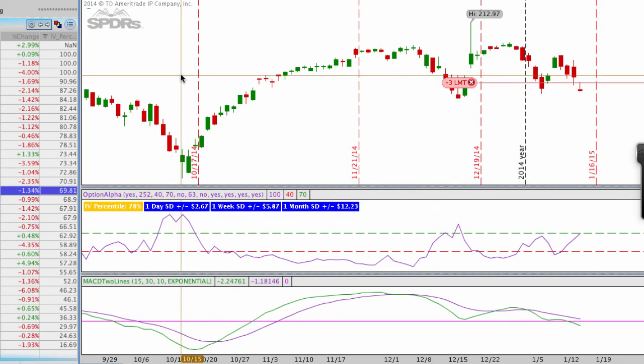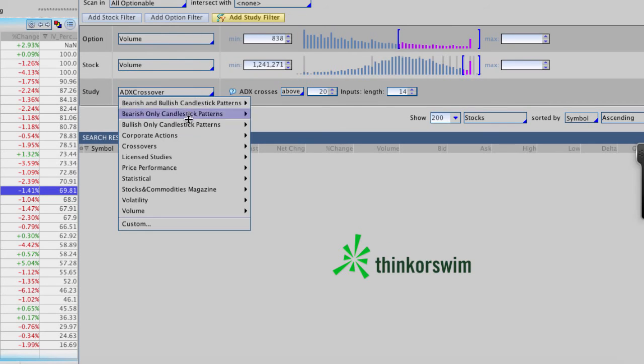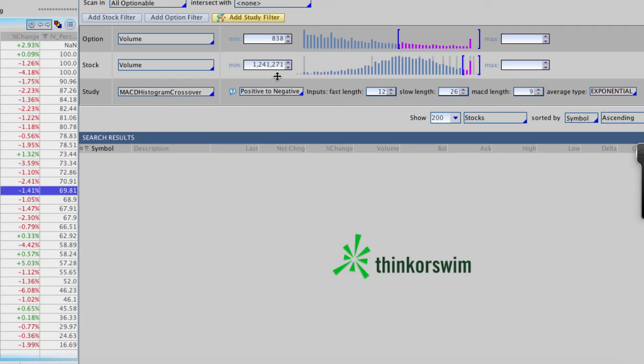There are other ways that you can scan for trades with technical analysis by using the scan tab inside thinkorswim. There's a really cool way that you can filter things by different indicators. So for example, if you wanted to pull up all stocks that had, and if I just add that study indicator, a MACD crossover from negative to positive, you could do that inside thinkorswim.